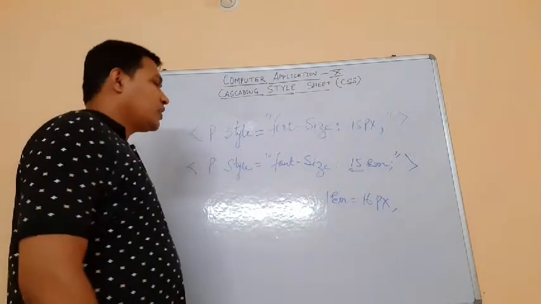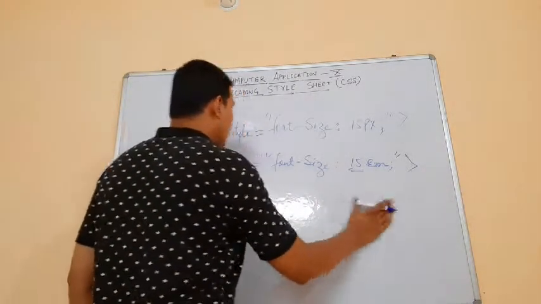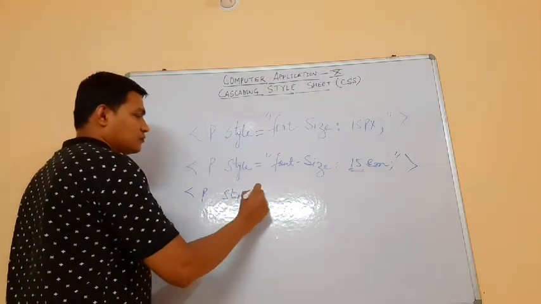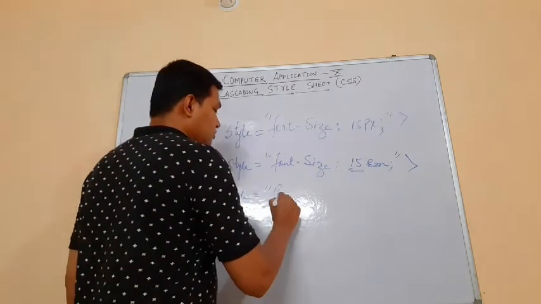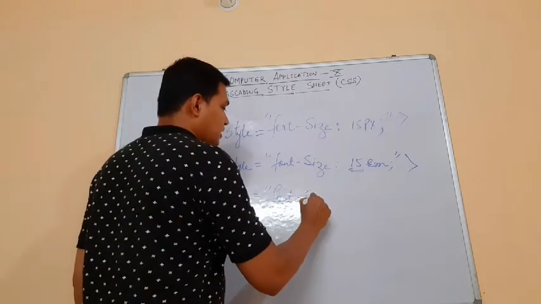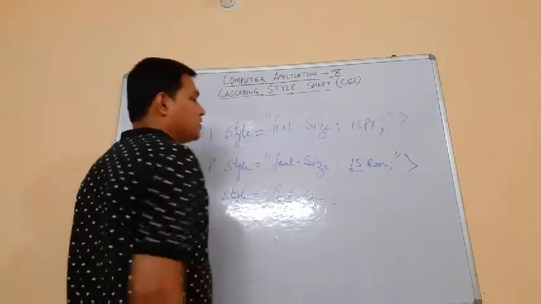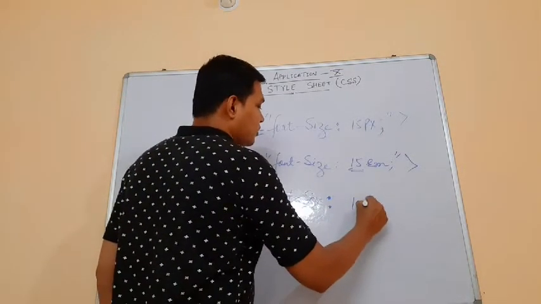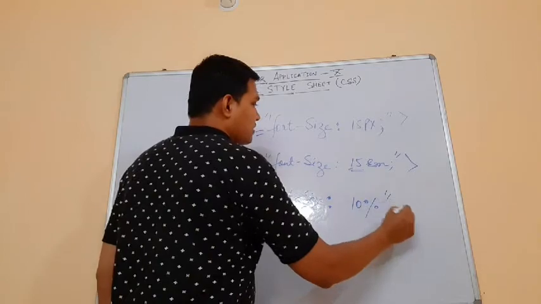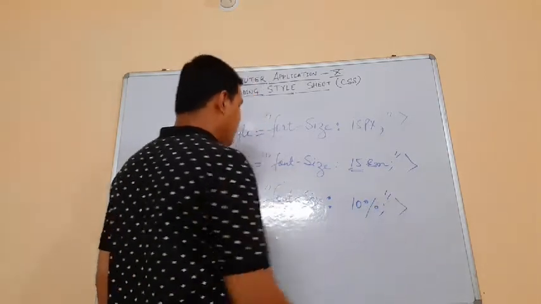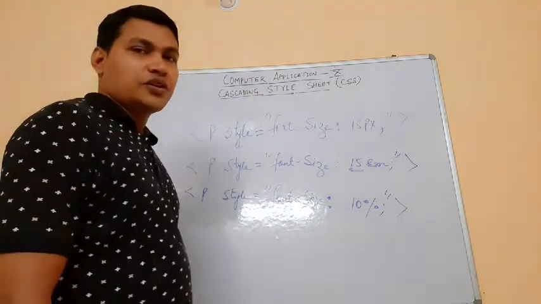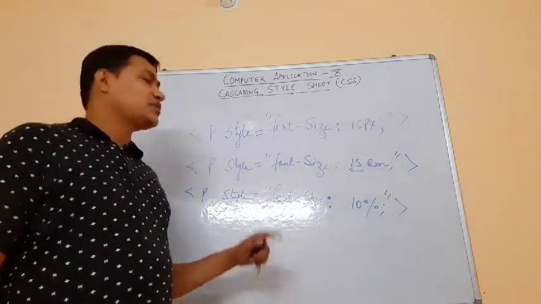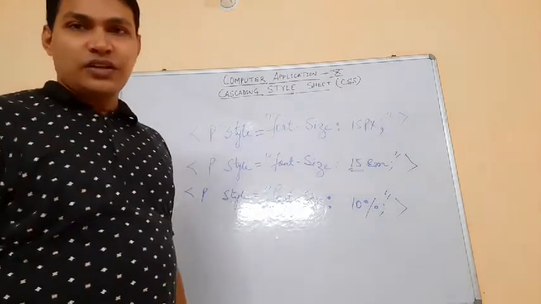You can also use another way: P style, font-size in percentage. The percentage will be 10%. 10% means it is relative to the actual screen size, so it will be displayed at 10% of the screen.